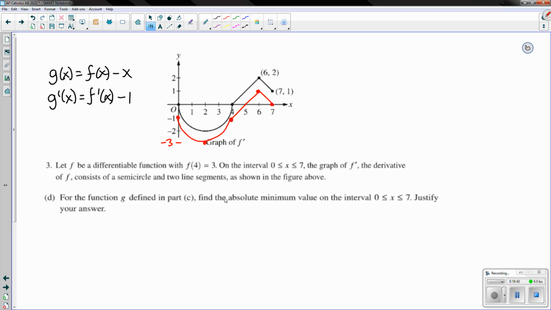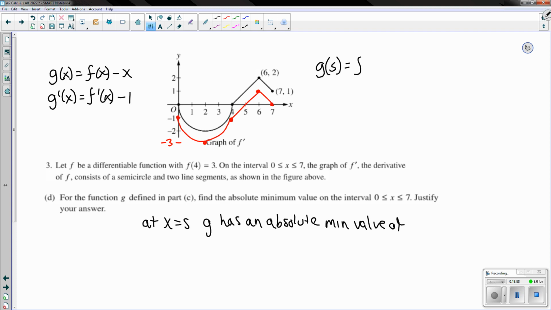So we know that at x equals 5, g has an absolute minimum value of, now what is it? Well, we have to find what is g of 5. Well, g of 5 is f of 5 minus 5, right?